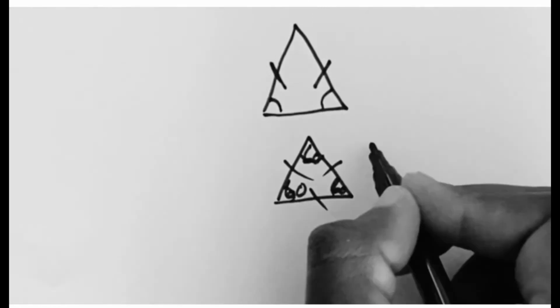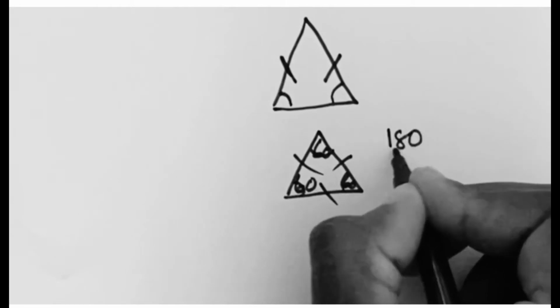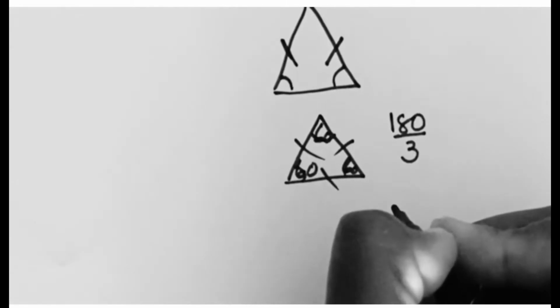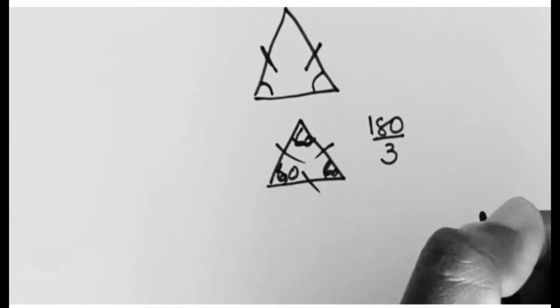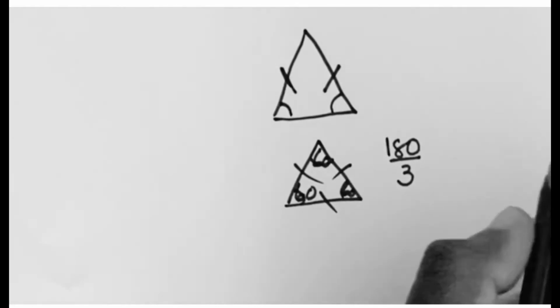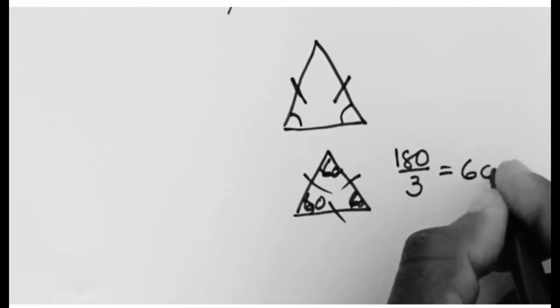I get that by simply saying 180 divided by 3, since I have 3 angles, and I would get that each interior angle inside an equilateral triangle should give me 60 degrees.